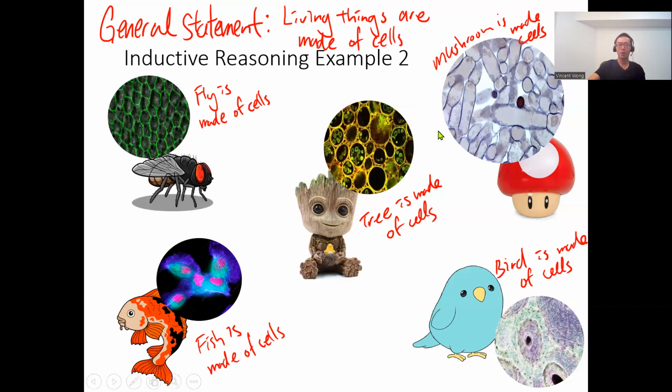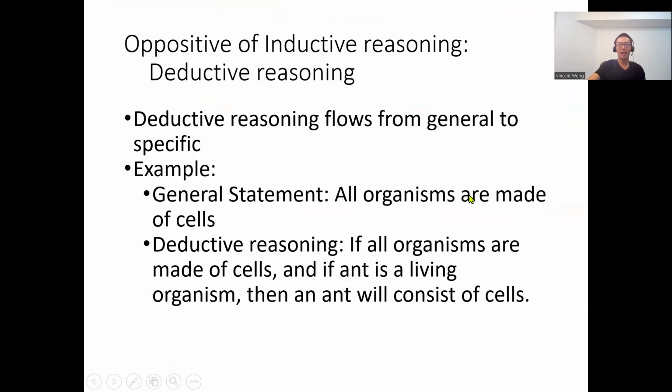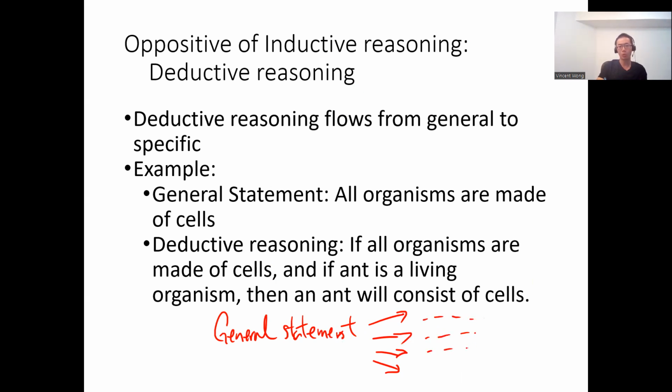Now, most people are okay up to this point, and then they get a little bit confused when I teach them the next one. The next one is deductive reasoning, which is the opposite of inductive reasoning. In deductive reasoning, you are taking that general statement that we made and applying it to different scenarios, to new situations, to make a prediction.